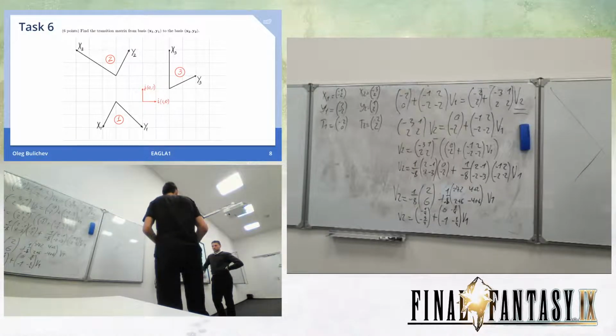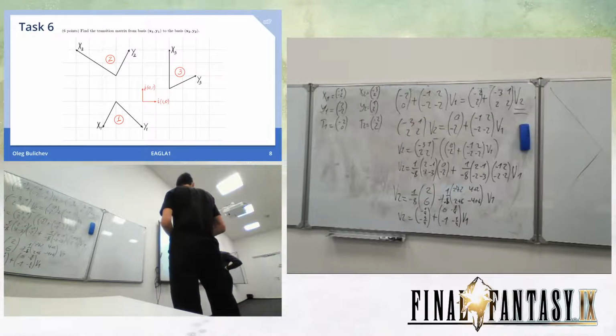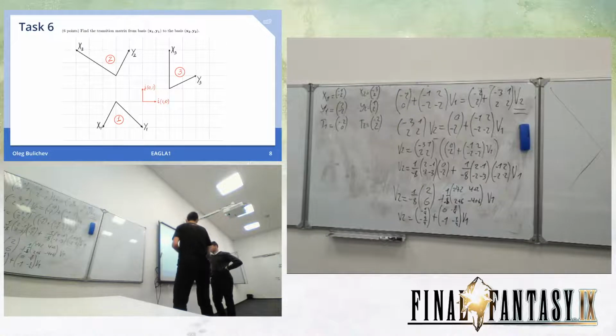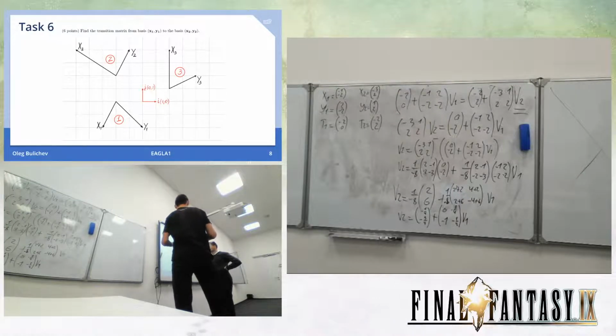2, 2, 0. Can you see 2, 0 there? But 2, 0 in this order, the original one. In base 2, it is not 2, 0.